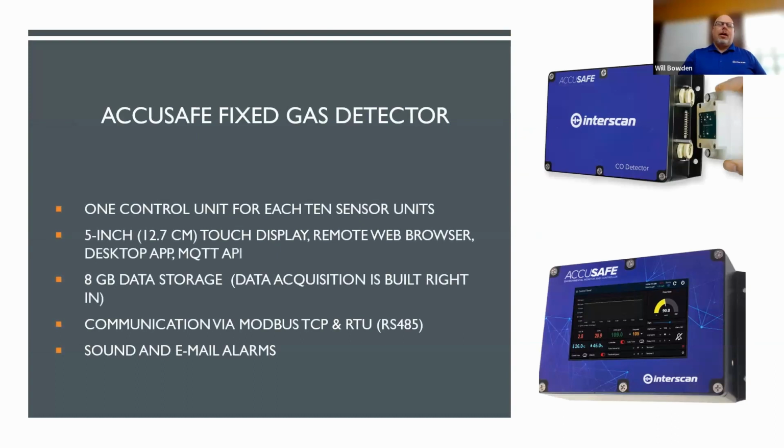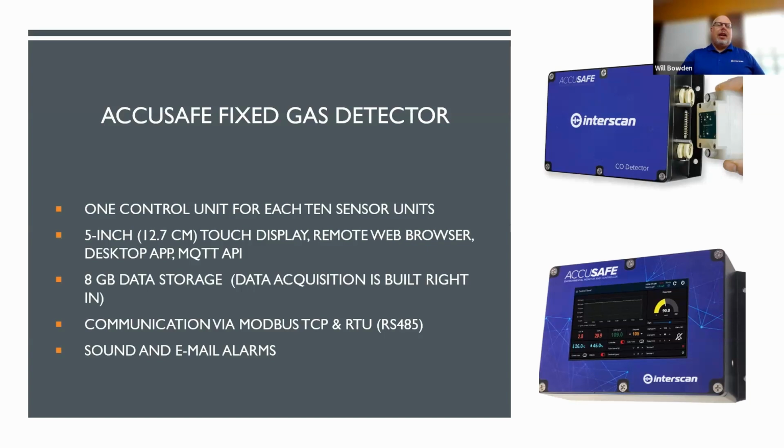And the next item that we have here is our AccuSafe fixed gas detector. It's one control unit for up to 10 sensor units, sensor modules located in remote locations. So the control unit, as you can see on the bottom, has a display. This can be mounted outside of a sterilization area outside the door, and can be interrogated remotely via web browser, desktop app, and then API.